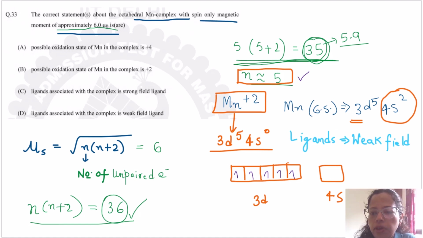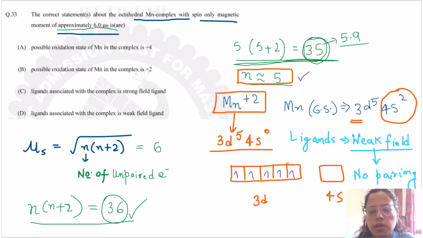Why weak field ligands? Because from our coordination chemistry knowledge, weak field ligands do not support pairing. Whenever a weak field ligand is attached to the central metal atom, it will not favor pairing, so there is no pairing of the d electrons.